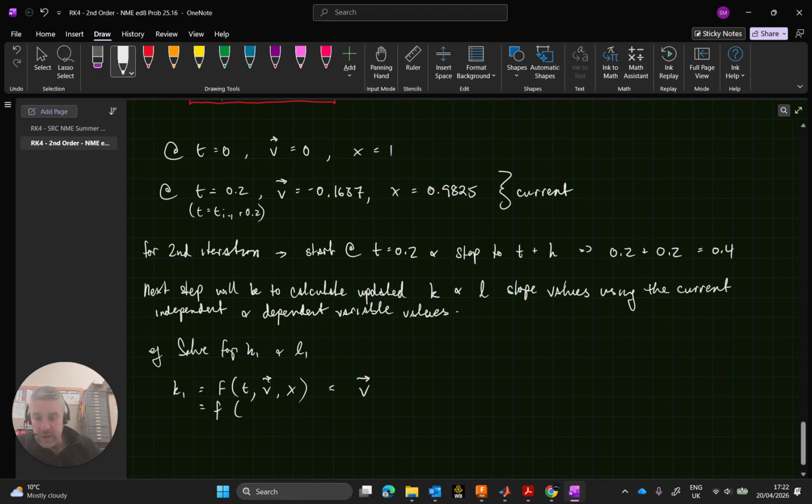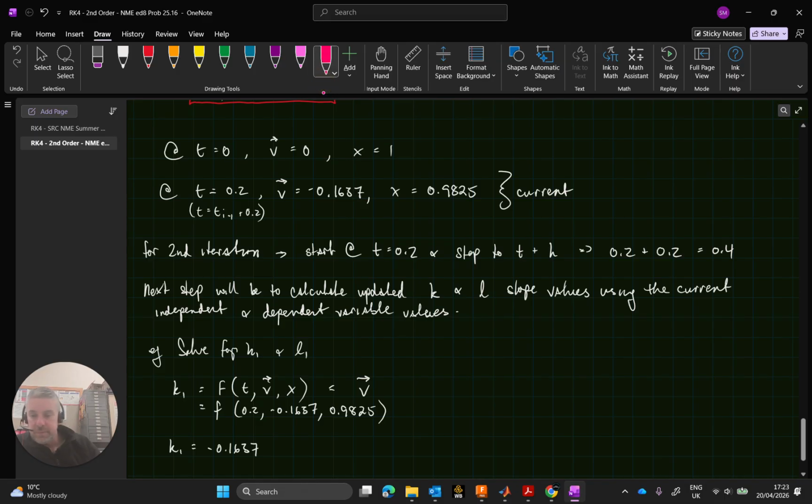And my t value, current, is 0.2. My v value, current, is minus 0.1637. My x value, current, is 0.9825. So K1 in this case is equal to my current v value, this is the v, minus 0.1637.